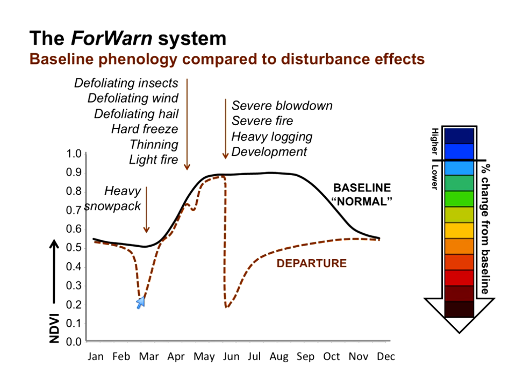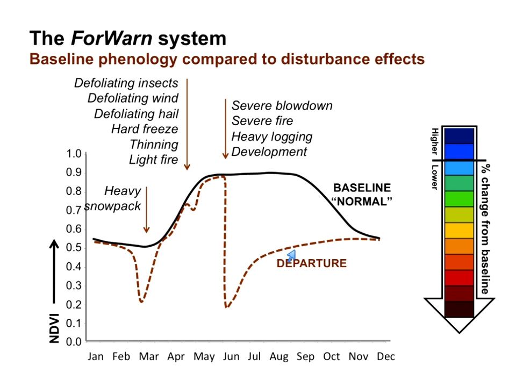During the growing season, this technology allows us to see things like defoliating insects, or wind, or hail, or a hard freeze, or even mechanical activity like thinning if you remove some trees, or a light surface fire. It can also pick up stronger disturbances that are much more severe during the growing season, any time of year even: severe blowdown, severe fire, a patch clear cut, or something like urban development.